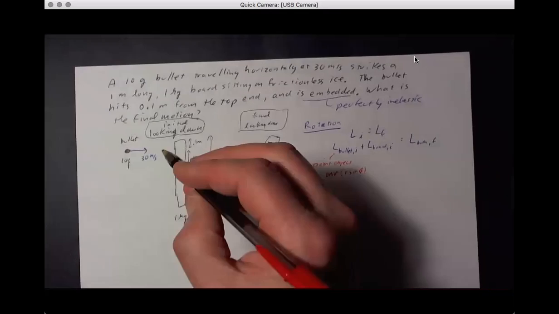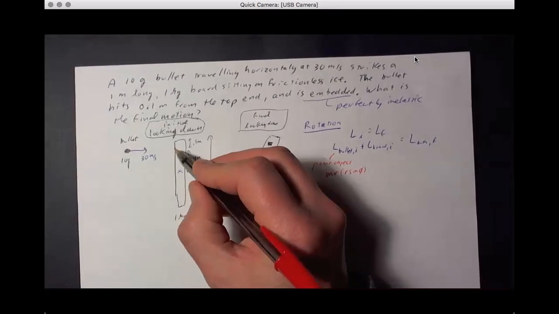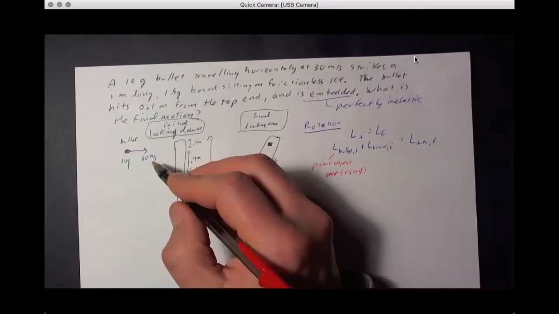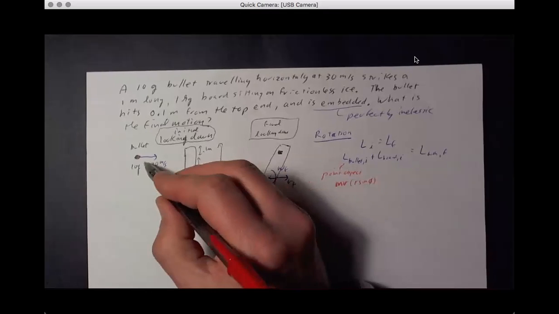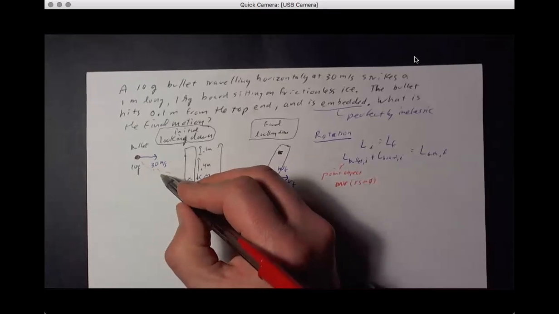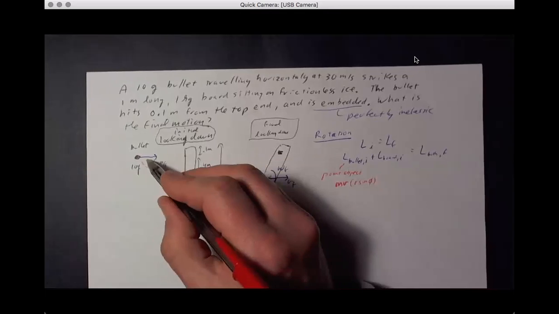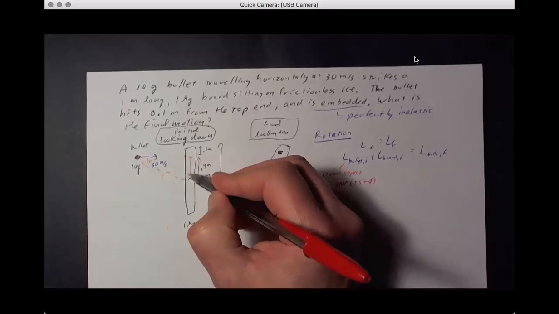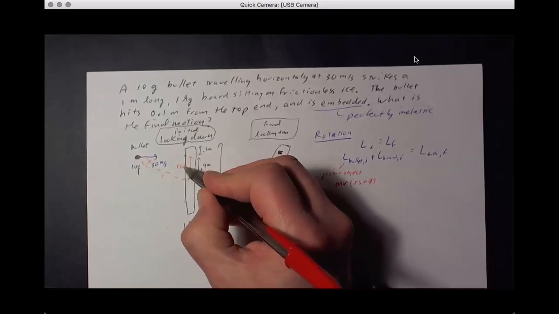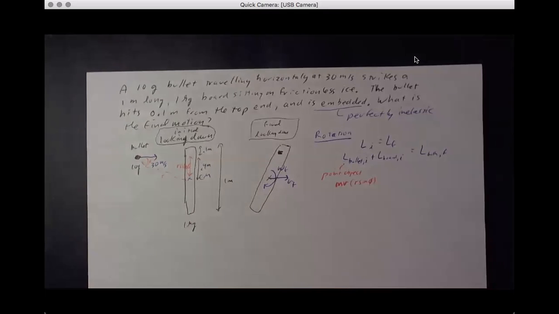Because if we look, this distance here, well, even if we're out here, what is r sine phi? Well, if this is r and this is phi, this distance right here is r sine phi. And it's constant, right?